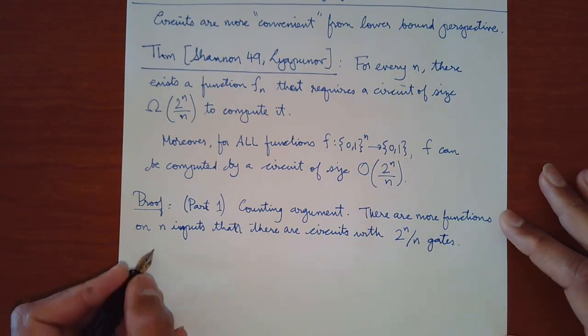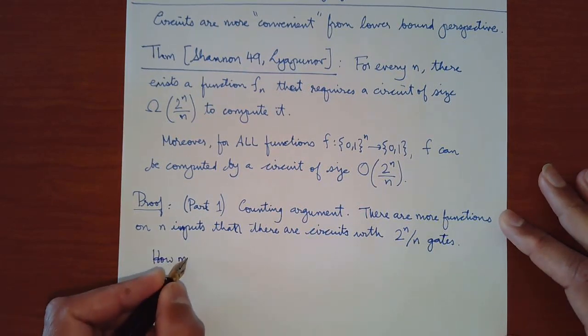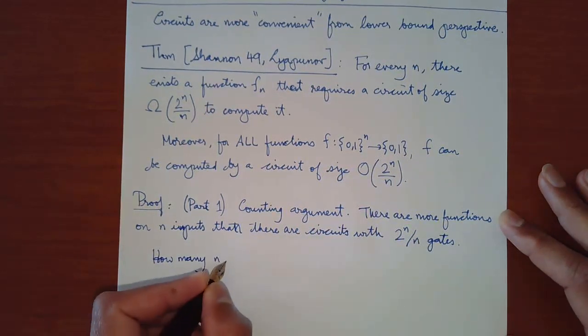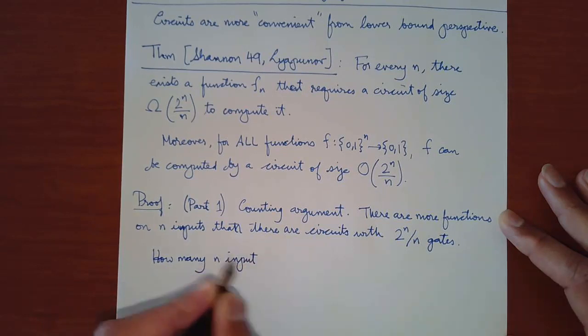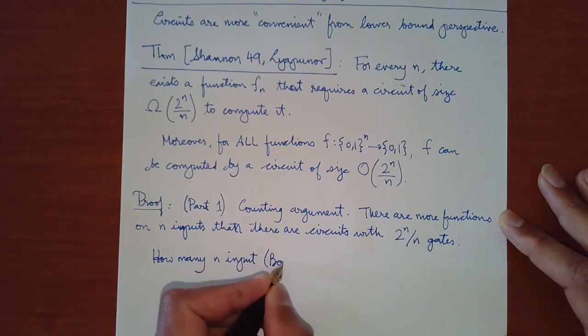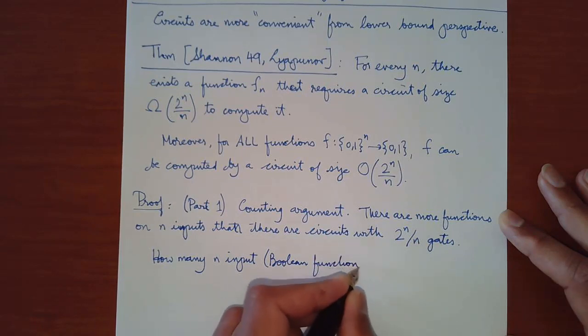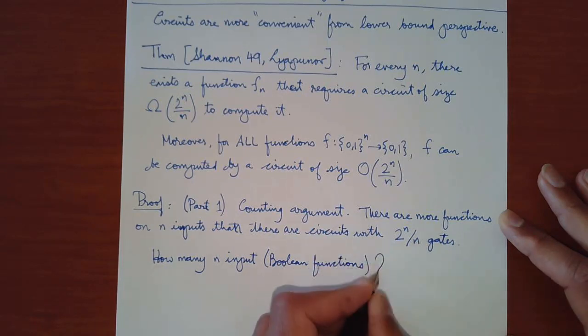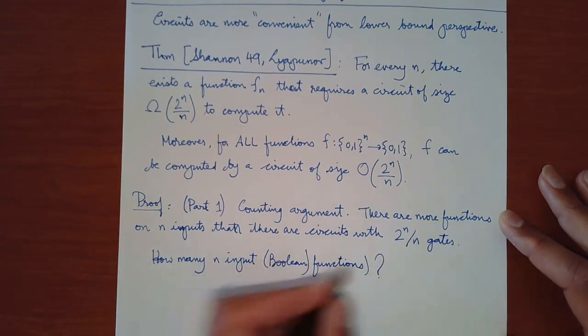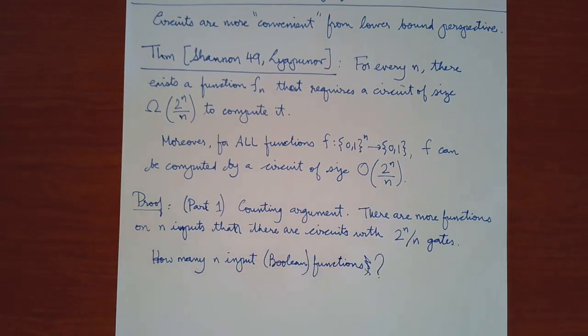Okay, so let's start with the first part. How many n input Boolean functions are there? So how many functions on n bits are there?